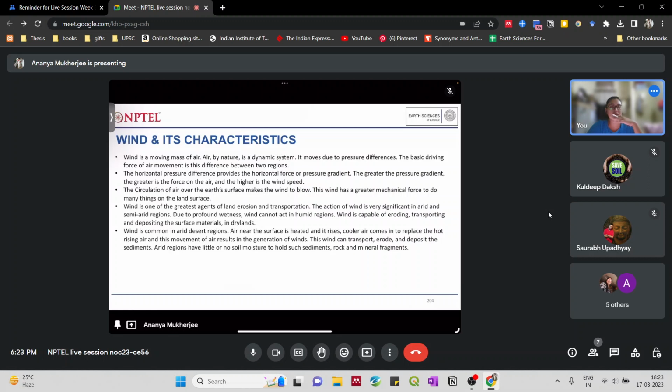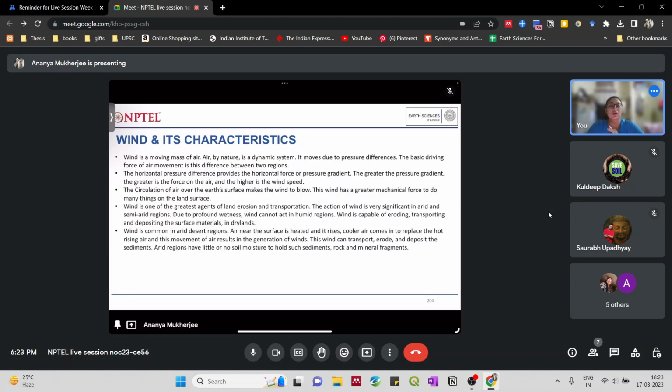The greater the pressure gradient, the greater the force on the air, and the wind speed increases because of that. When the wind blows over the earth's surface, it can circulate and also transport some material because of the speed it has.